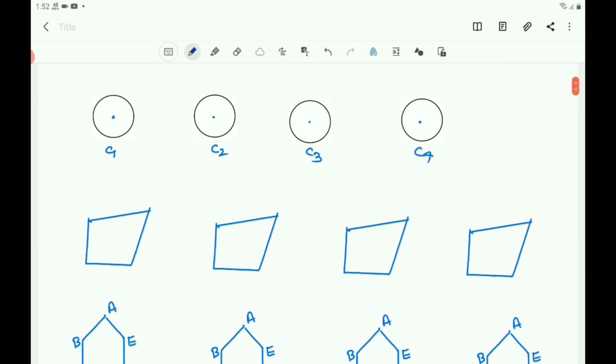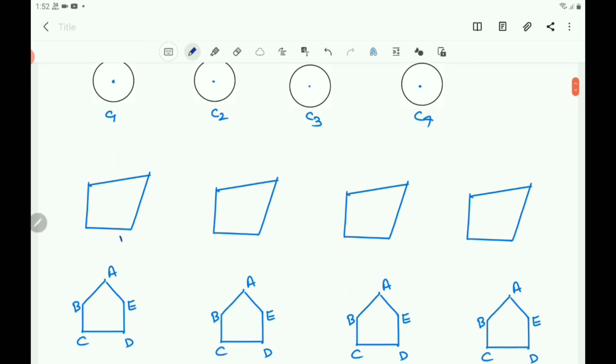And next, these are the quadrilaterals. 1, 2, 3, 4. All the 4 quadrilaterals are congruent as they have the same shape and same size. If you place one quadrilateral on the other, all these 4 sides cover.